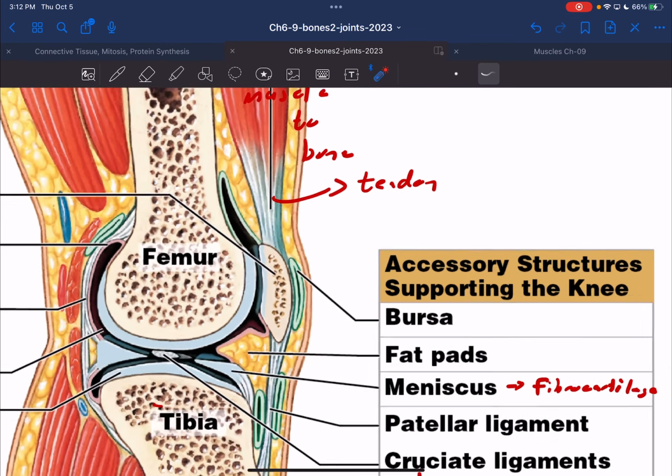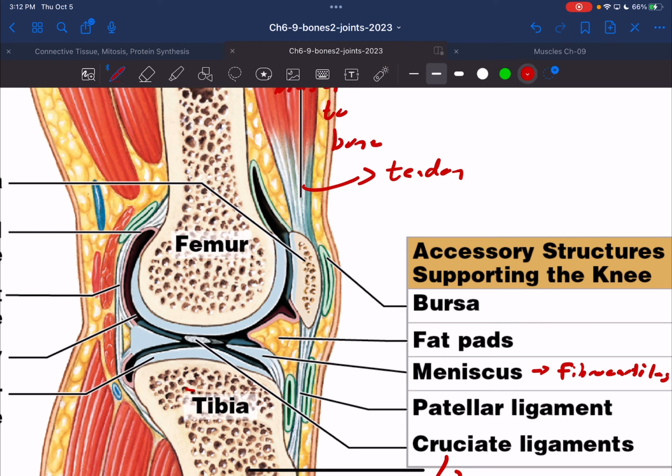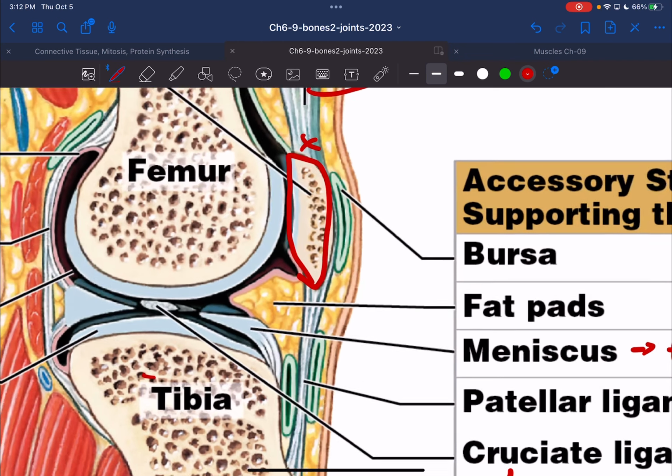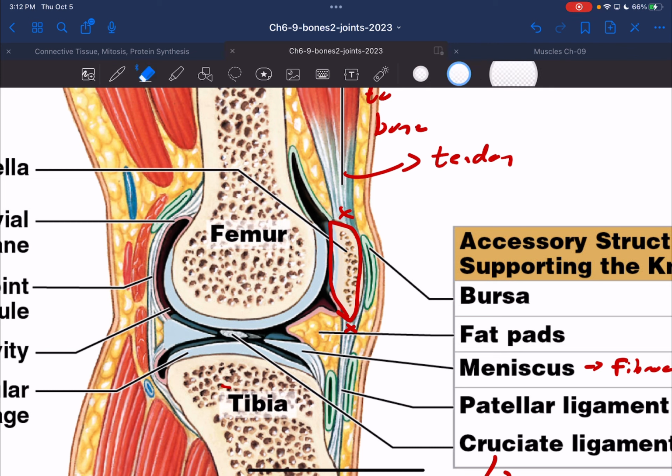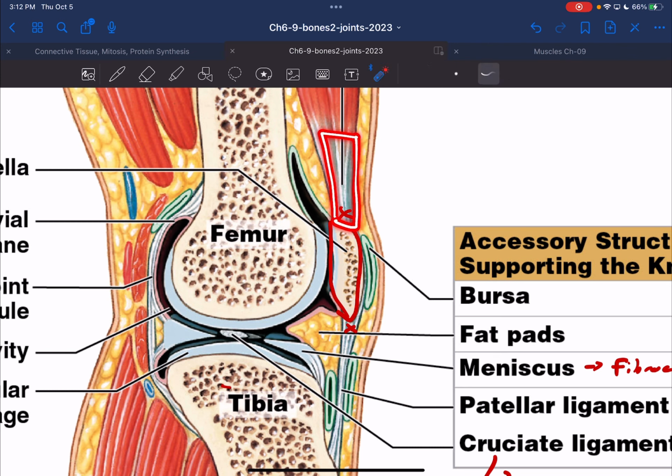And something I want you to pay attention to, if we just pay attention to the patella, and we look at the proximal portion, or this side, and then we look at the distal portion, this side, what's the difference between, say, let's get rid of all this text, what's the difference between this white tissue and this white tissue? What's the one up here and the one down here?